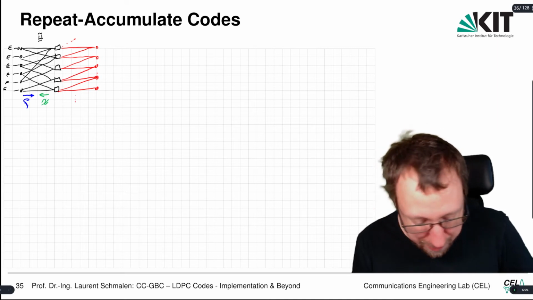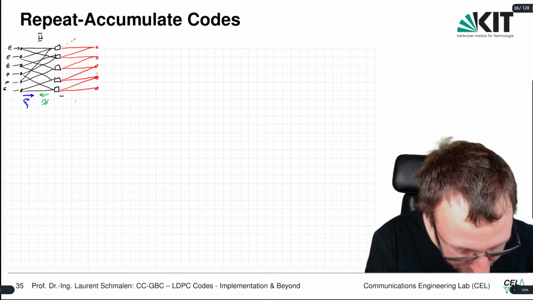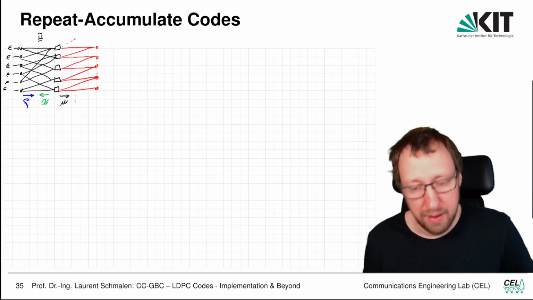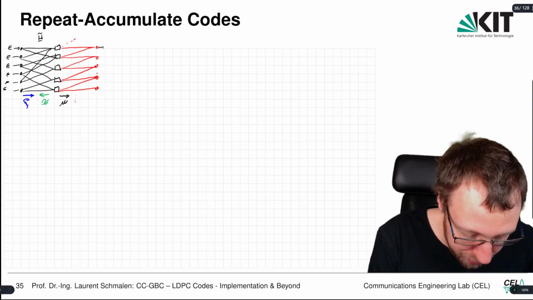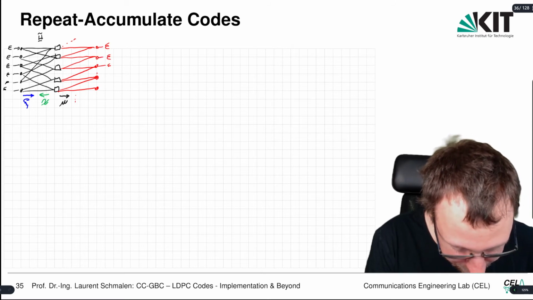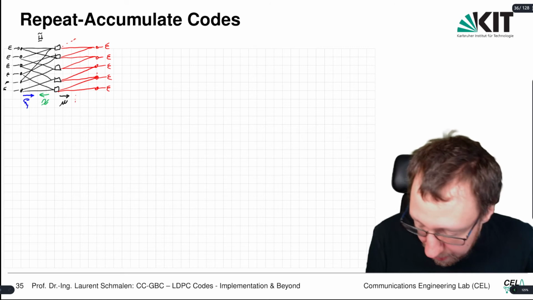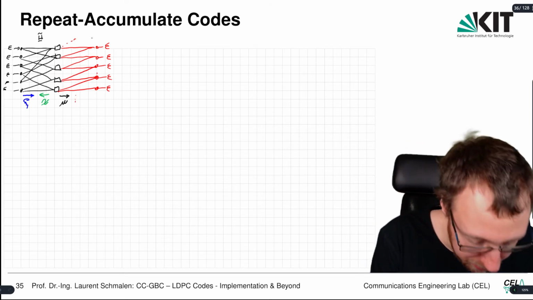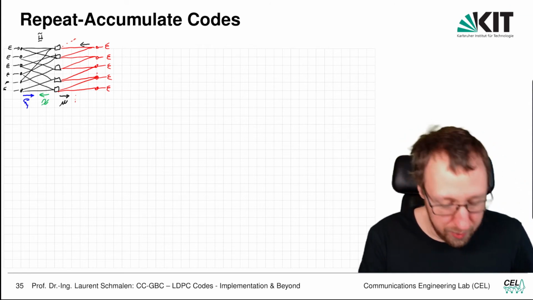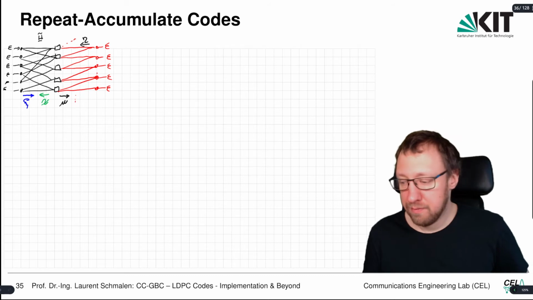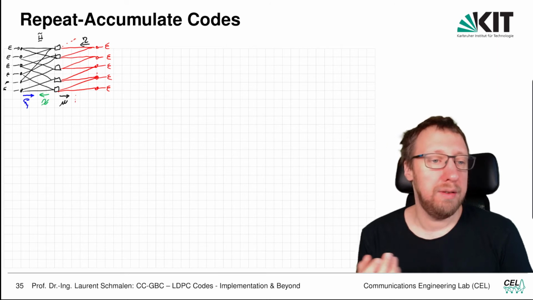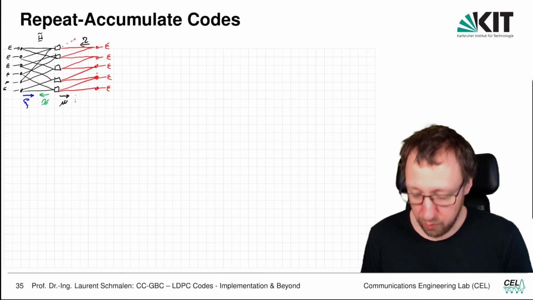So now we define messages. So the messages sent from the check nodes to those extra variable nodes, these are erased with probability mu. Because these check nodes, they are also erased with probability epsilon. And the messages sent from those extra variable nodes back to the check nodes, they are erased with probability eta. Okay, so now we can write down everything what we have.